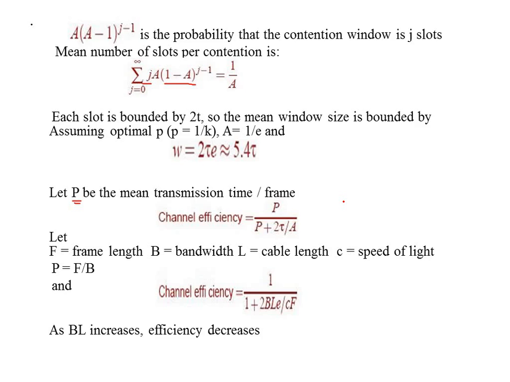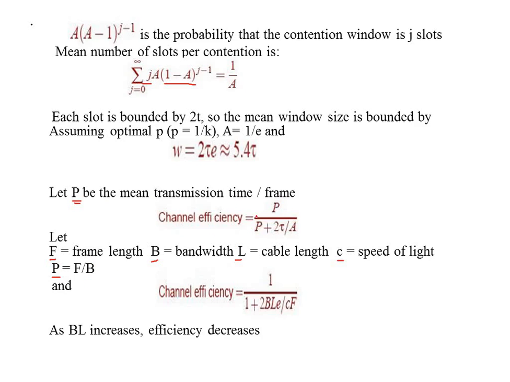This channel efficiency is decided by P upon (P plus 2 tau divided by A), where you consider a frame of length F, B is the bandwidth of your channel, L is the length of your cable, and C is the speed of light. P is determined by frame length divided by bandwidth, which gives the transmission time per frame.